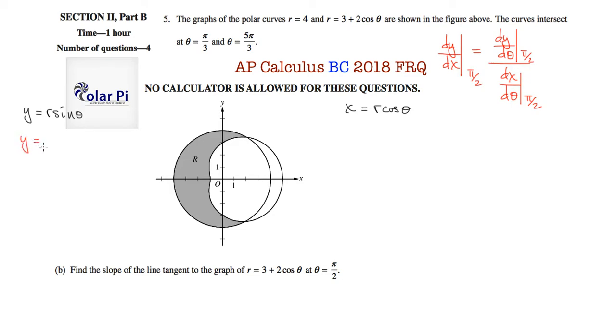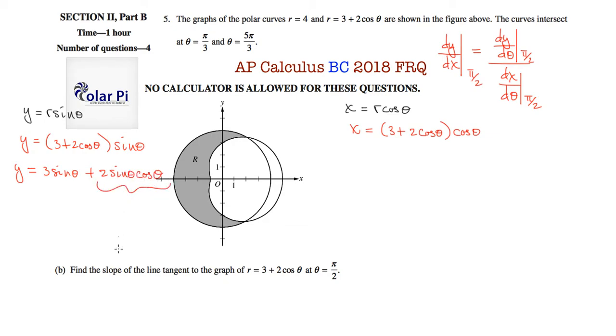So y is equal to (3 plus 2 cosine theta) times sine theta, and x is equal to (3 plus 2 cosine theta) times cosine theta, right? Okay, and we can simplify both of them a little bit. Y is going to simplify to 3 sine theta plus 2 sine theta cosine theta.